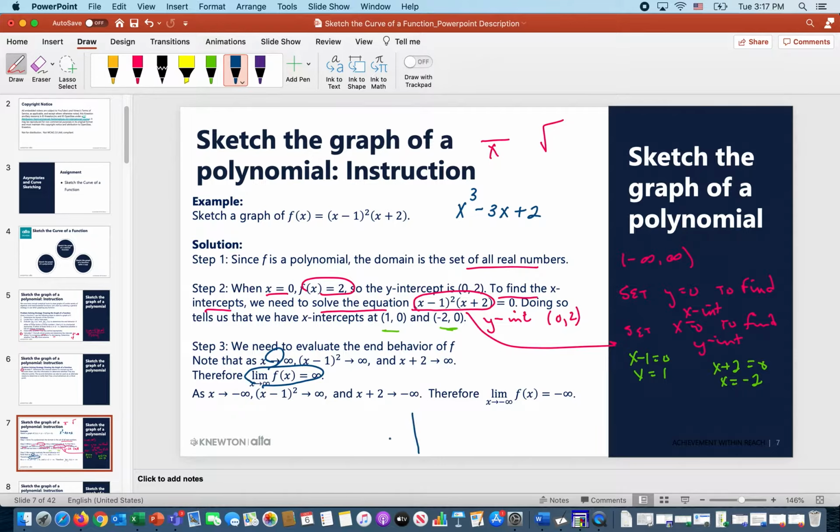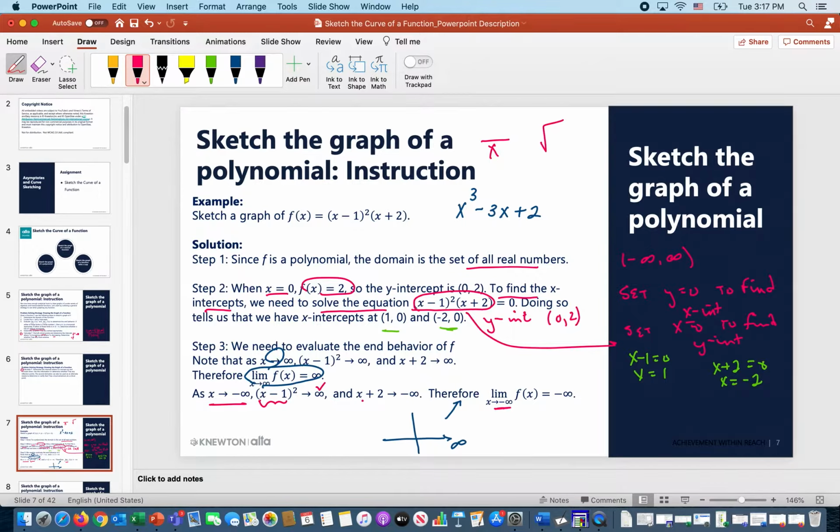Here's what that would look like on a graph, right? Out here at infinity, our y values are going up. Now, when we plug in negative infinity, that's what this means, right? Finding the limit as x approaches negative infinity, we're plugging a very large negative number in here. And when I square a negative number, I get a positive number.